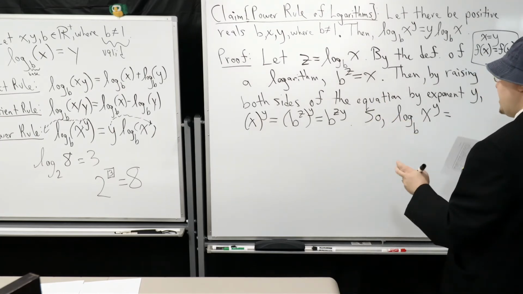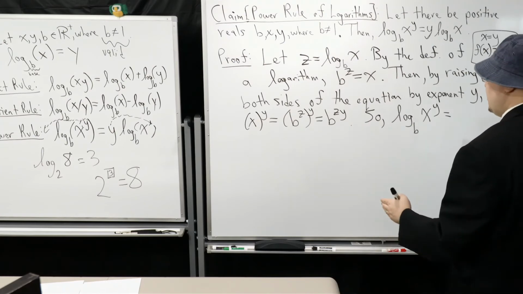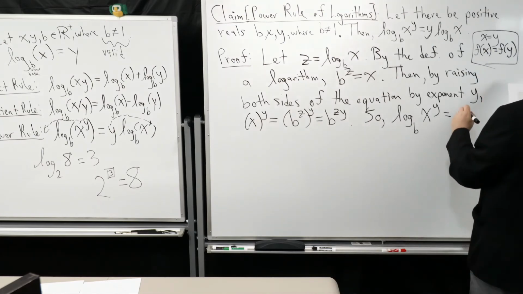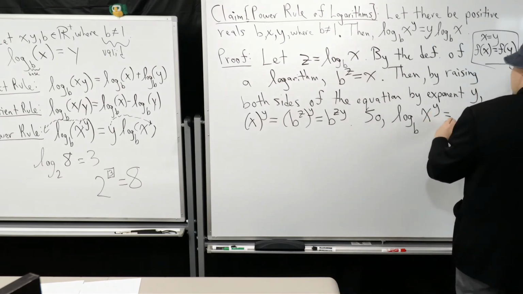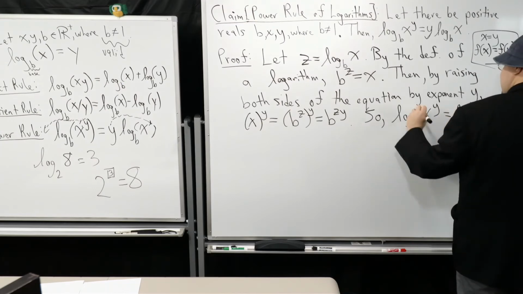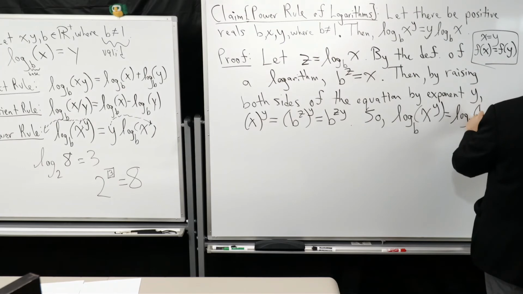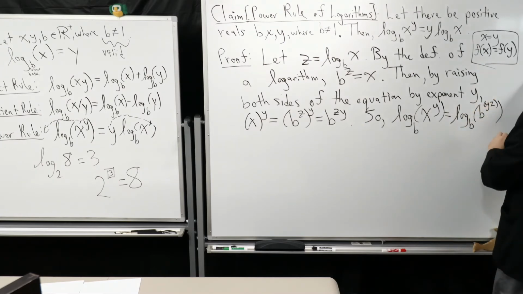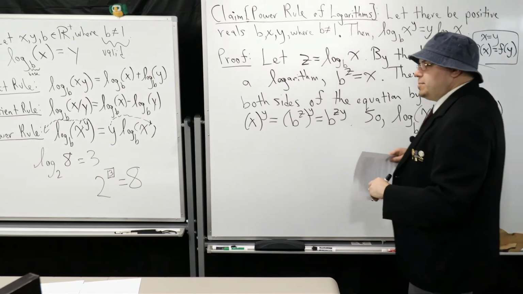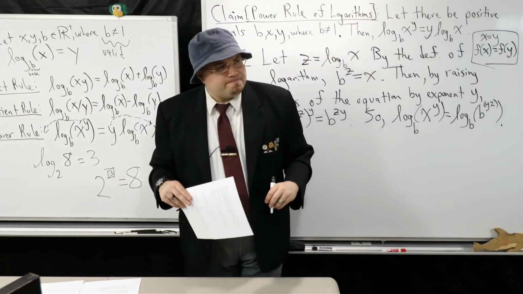So if I place this inside of a logarithmic term like this, what should that mean? That should mean that, let me put parentheses to make it a little clearer, log base b of b to the y times z, this equality must hold as well, right?